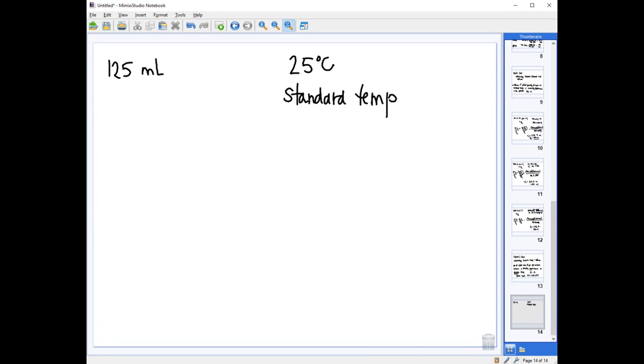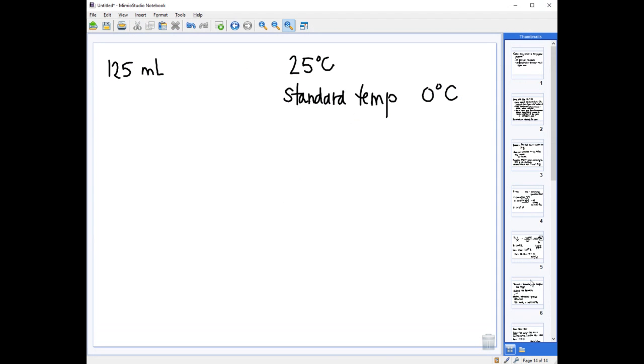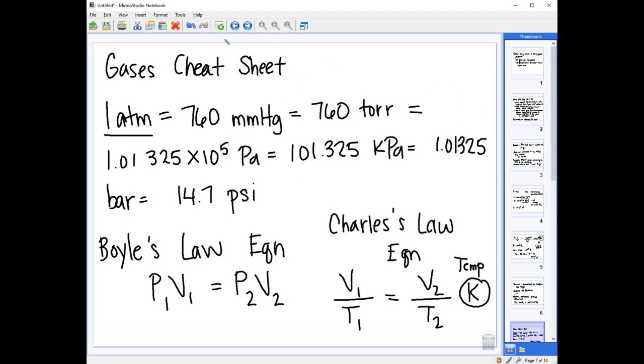Well, just like we have a standard pressure of 1 atmosphere, standard temperature is 0 degrees Celsius. And so let me go back to your cheat sheet right quick and make a note of this. So STP, if you see this in your problems, stands for standard temperature and pressure.